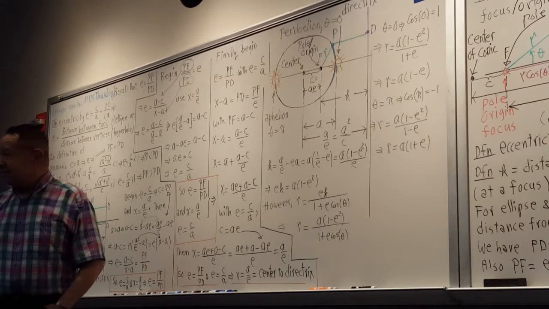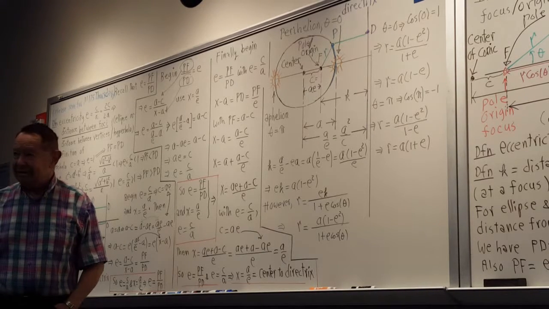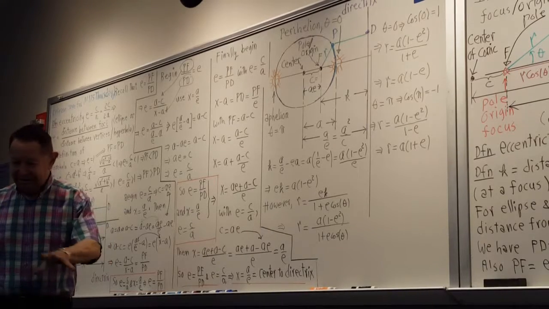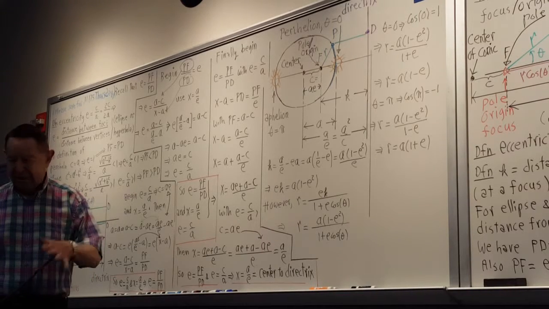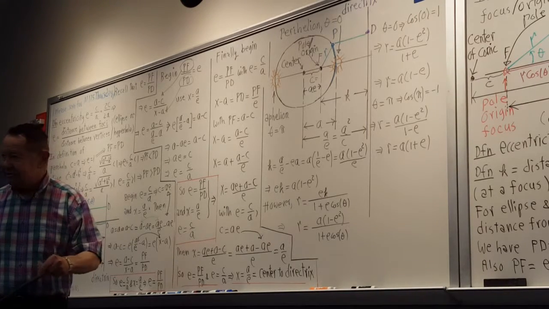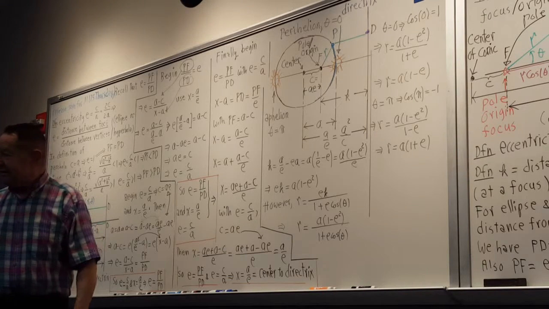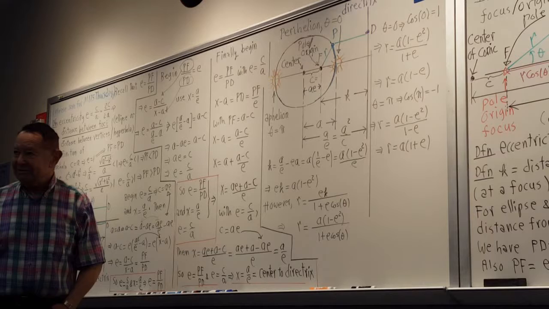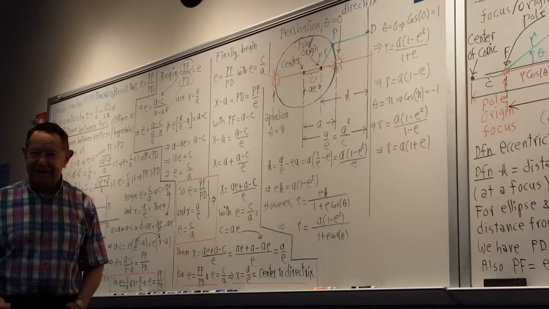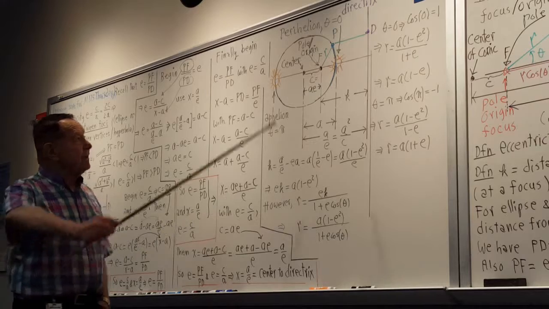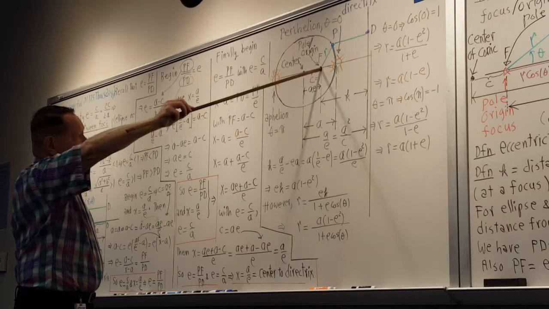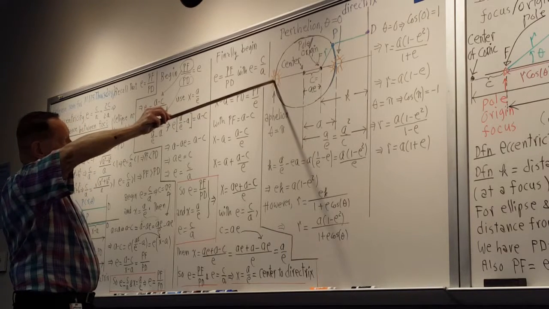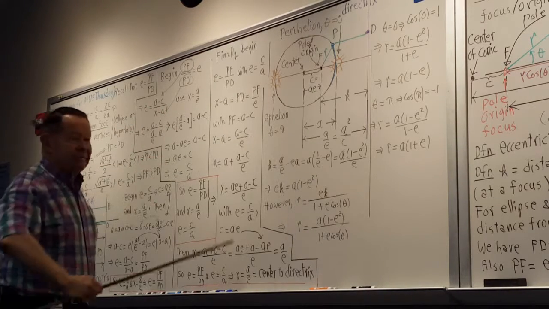For example, the element helium was named because it was first discovered as a gas in the spectral analysis of the elements in the sun, and then later on they found a place in Texas where you actually get it in gas wells. But so closest to the sun would be here if the sun is at this focus, and the greatest distance would be over here, which is aphelion.